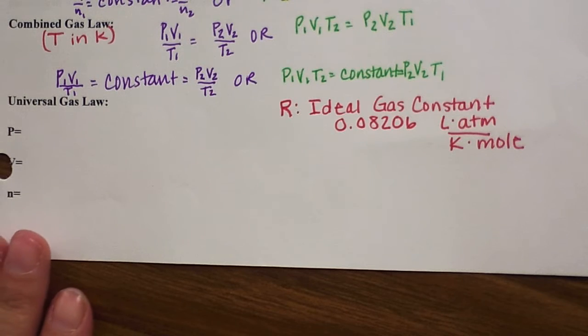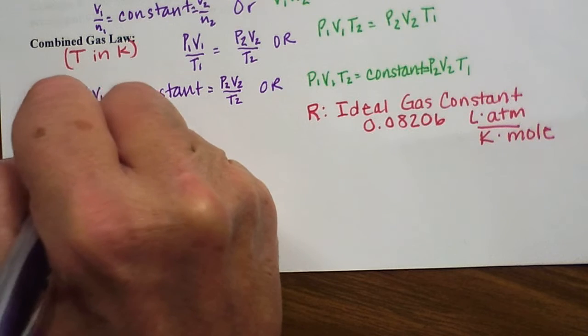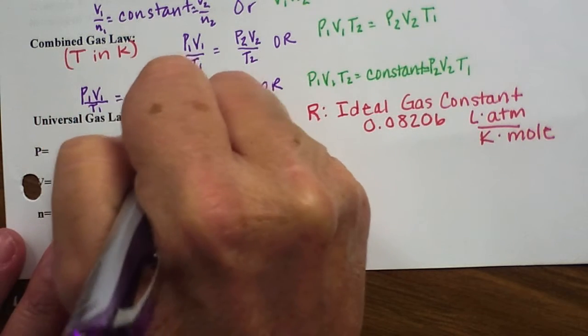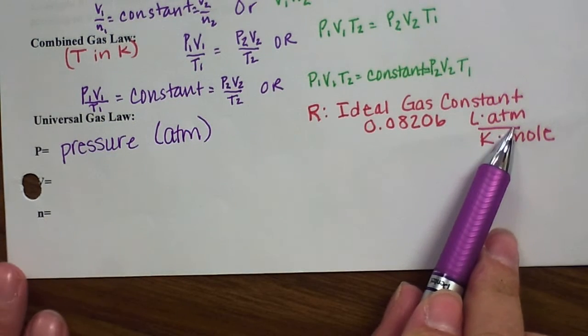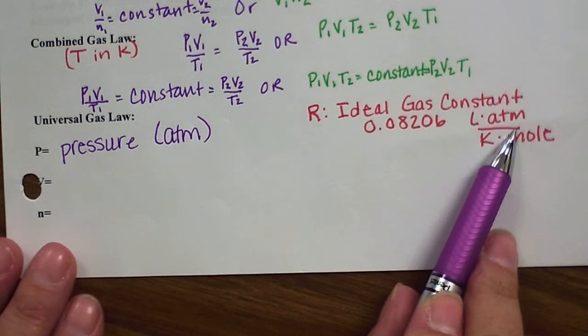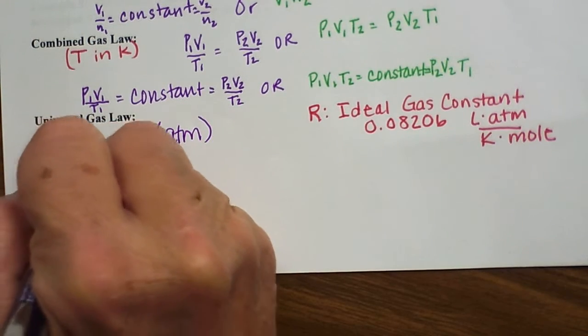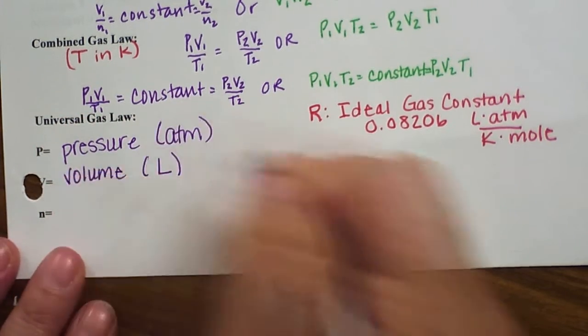So we make sure all our numbers and our units match up with that, all right, while we're doing any calculations. So our P is equal to pressure, and that unit needs to be in atm, and that's how we will cancel out our atms there. Our volume needs to be in liters.